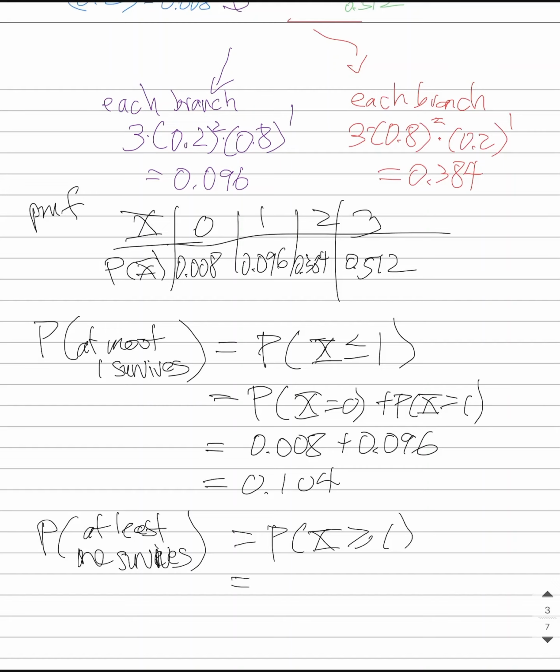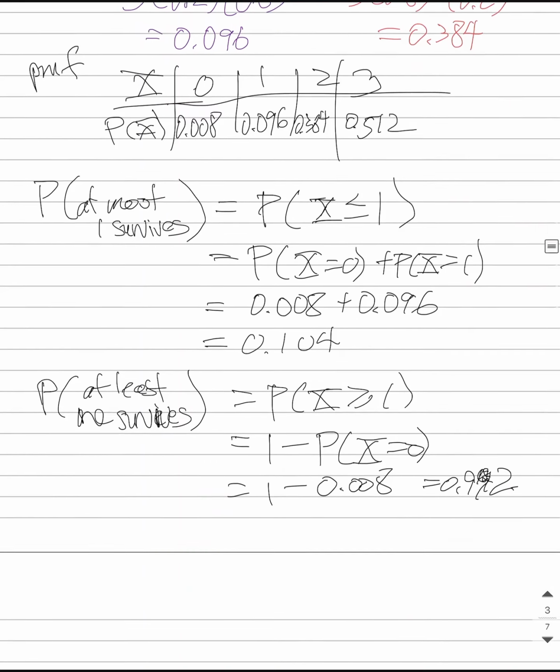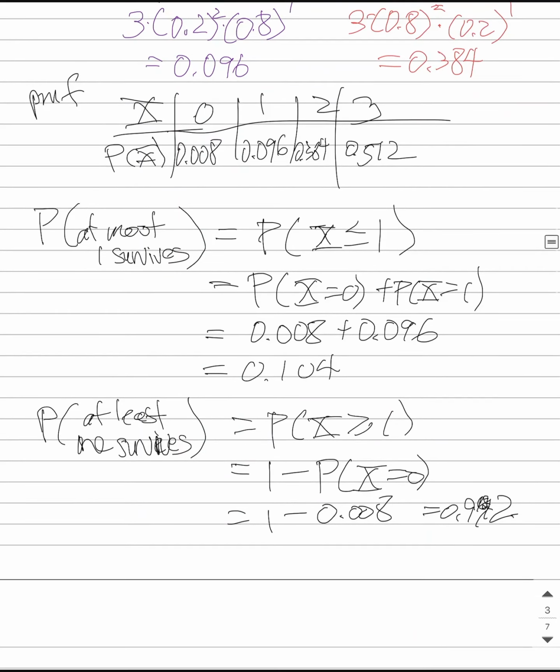Since your sample space contains only the outcomes 0, 1, 2, or 3, you could use the rule of complements and reduce this problem down to a 1 minus p of x equals 0. And again, getting the numbers here are pretty straightforward. But we don't want just the numbers. What we want to be able to do is generalize this. And so in the next video, we're going to talk about how can we generalize this.